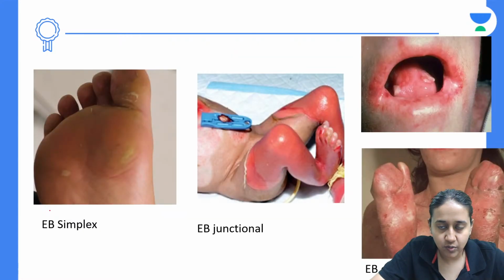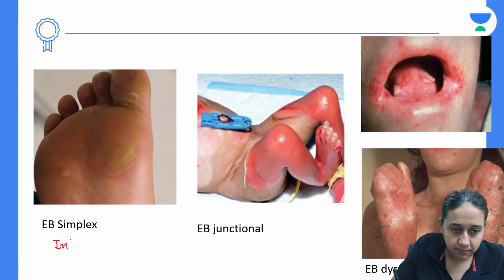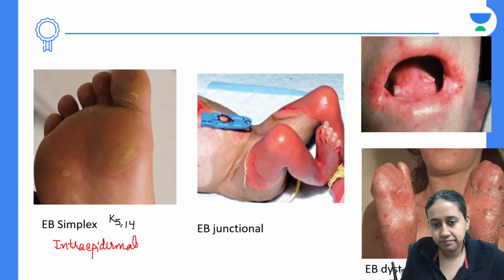Question of mechanobullous disorder. In the simplex variety, the level of split is intraepidermal because the damage occurs at keratin 5 and 14 level.